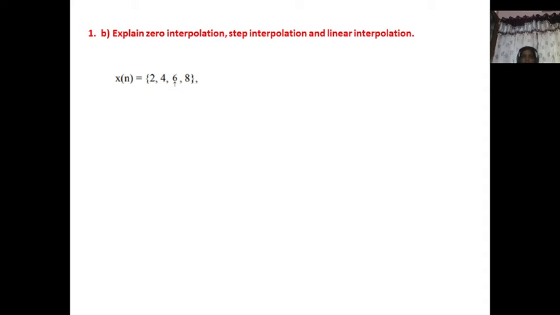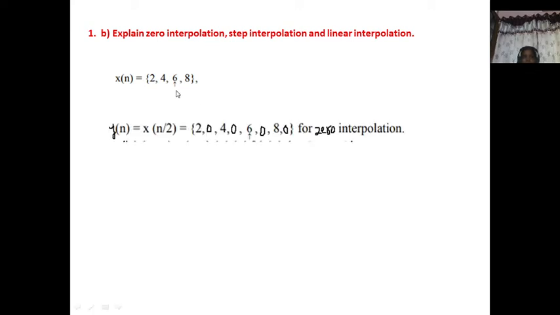Let us consider x of n equal to 2, 4, 6, 8. This arrow indicates the origin, the sample at the origin. Y of n equal to x of n by 2, which is equivalent to, as we just saw, capital L equal to 2. So the original samples 2, 4, 6, 8 we are carrying.